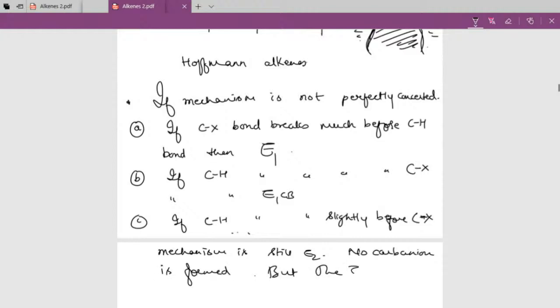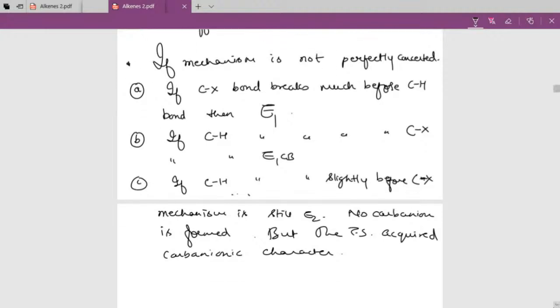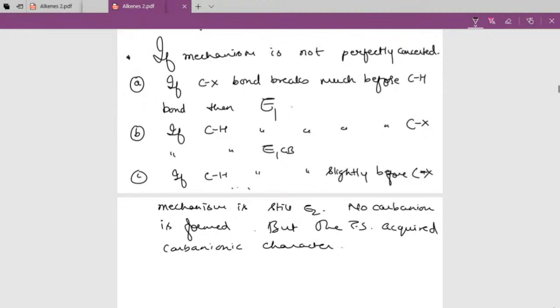But the transition state acquires carbanionic character. A full carbanion is not formed, but if the C-H bond has a lesser time requirement for bond breakage as compared to C-X, then a del negative character will be generated on the TS.